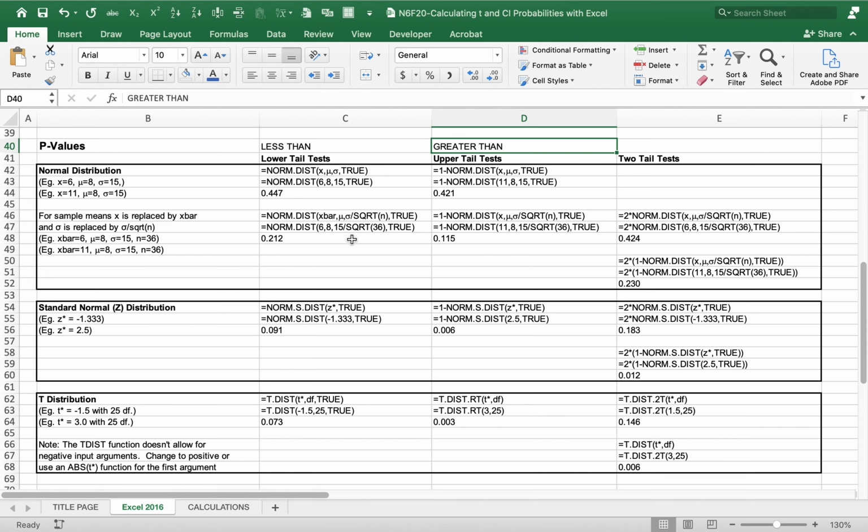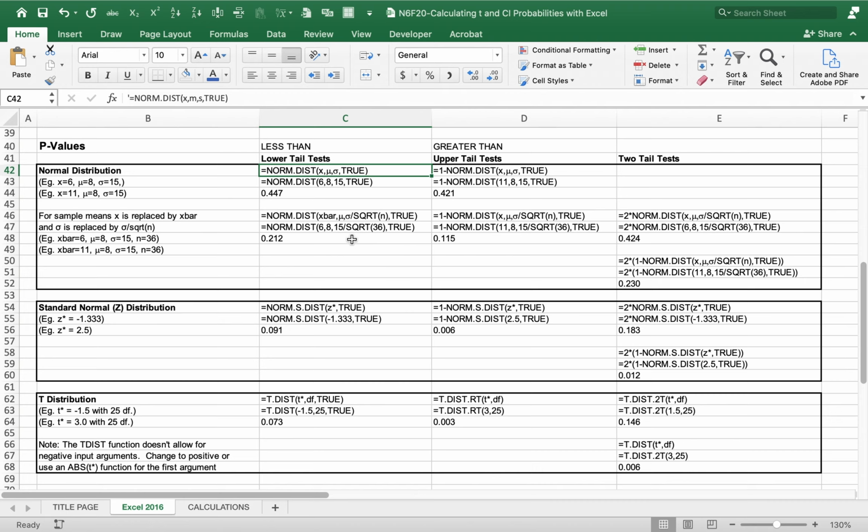So when you take a look, for instance, at the norm.dist function, which we used back in Unit N, that was used when we were looking at the probability of x from some point down, even if x was in the upper tail. So if we had something like a mean of 60 and we wanted to find the probability that x is less than 90, the important thing is the less than 90.